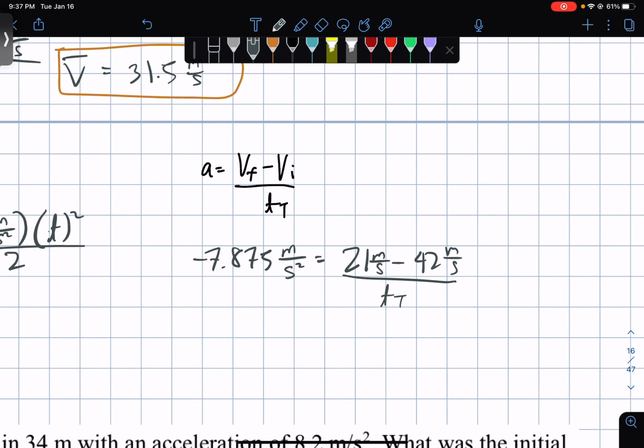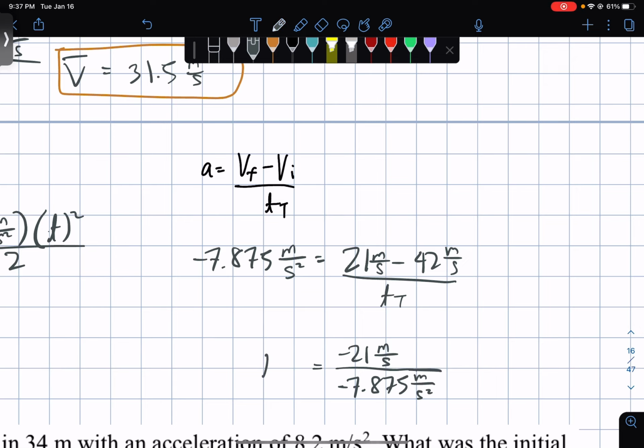21 minus 42, well, negative 21. And switch the positions. We have the acceleration here in the denominator.